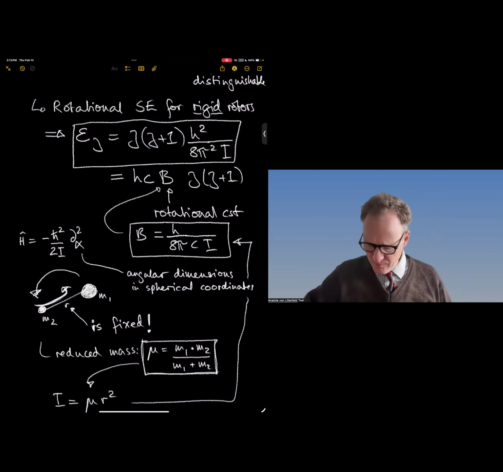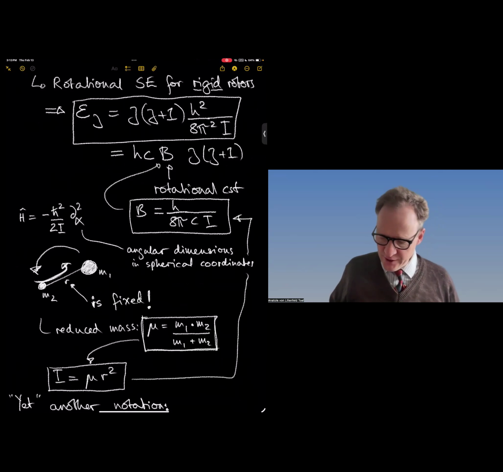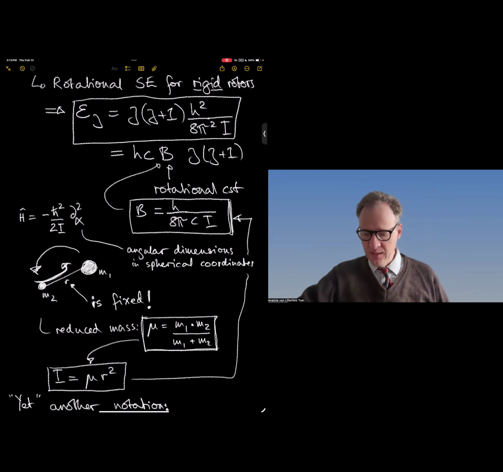Now this mass mu enters your moment of inertia I, which then enters the rotational constant, such as it is shown here, the constant B, which is often reported in spectroscopical studies or the literature.